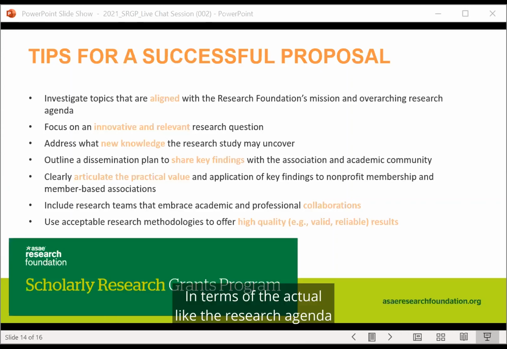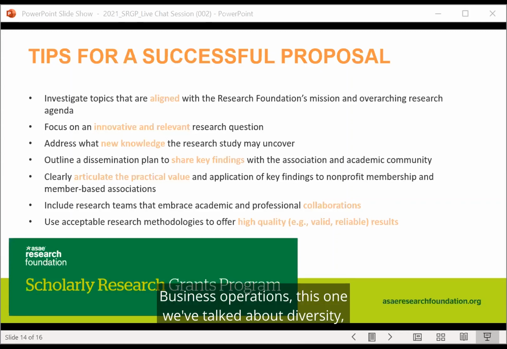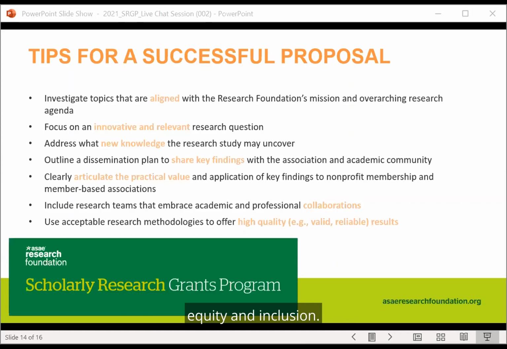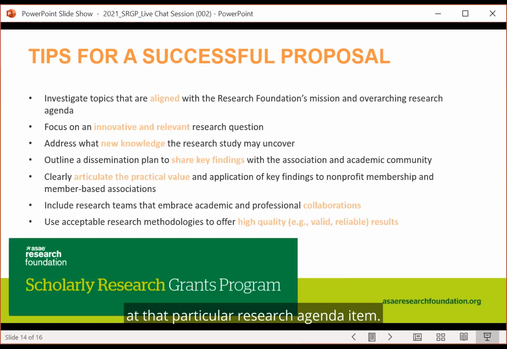In terms of the research agenda of the foundation, there are several topics listed on the website. Business operations is one. We've talked about diversity, equity, and inclusion, and we have a specific award, the Sal Martino Award, for proposals that look at that research agenda item.